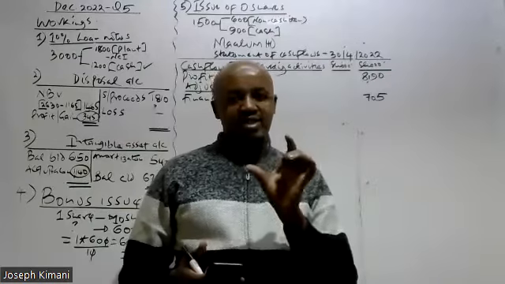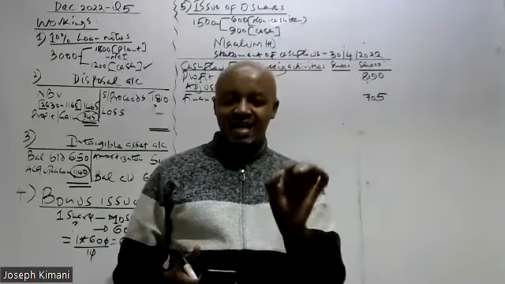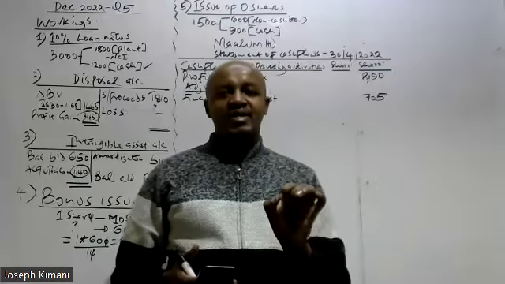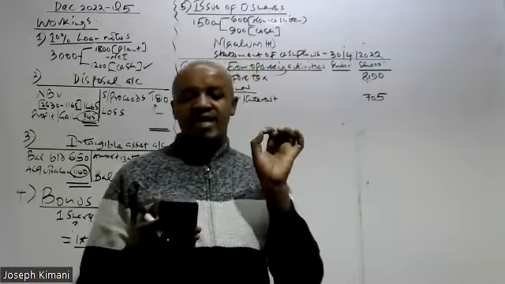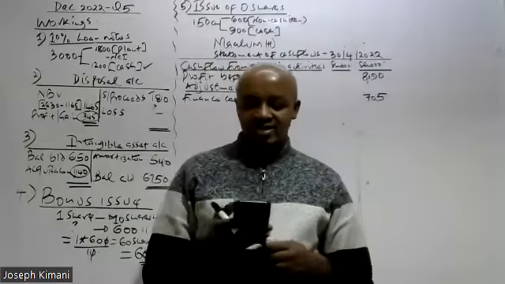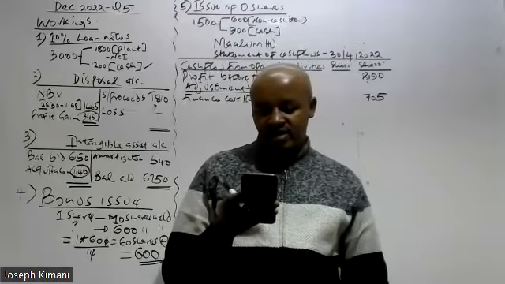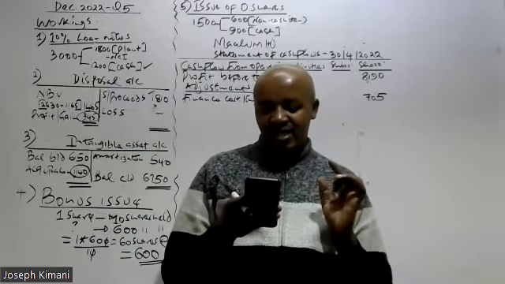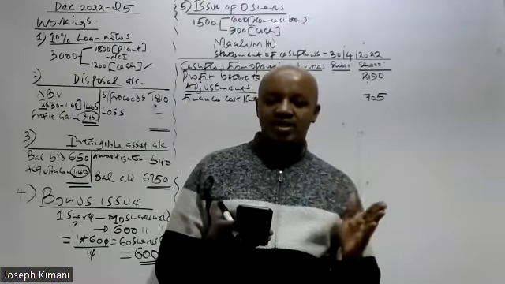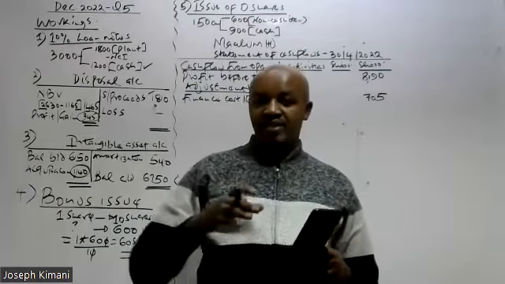The amount amortized every financial year, we said, is accounted for by the company as an income. But this income does not represent the cash received. So therefore, the government grant which we have in the income statement is the government grant which was amortized. That government grant automatically is a non-cash item.